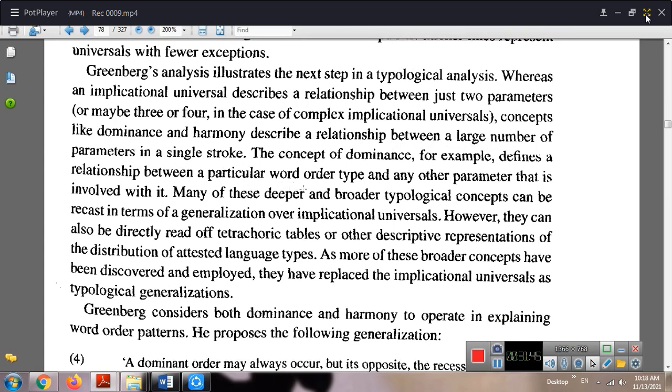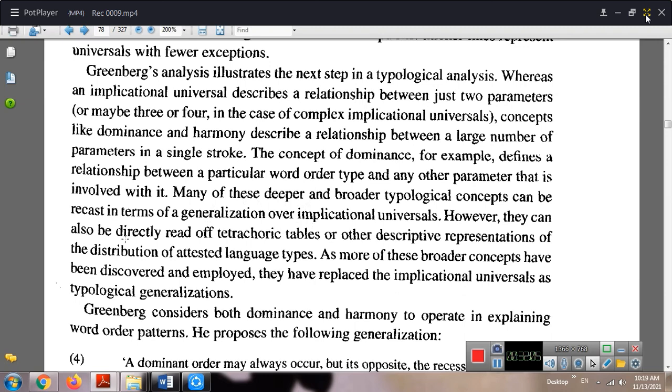The concept of dominance, for example, defines a relationship between a particular word order type and any other parameter that is involved with it.